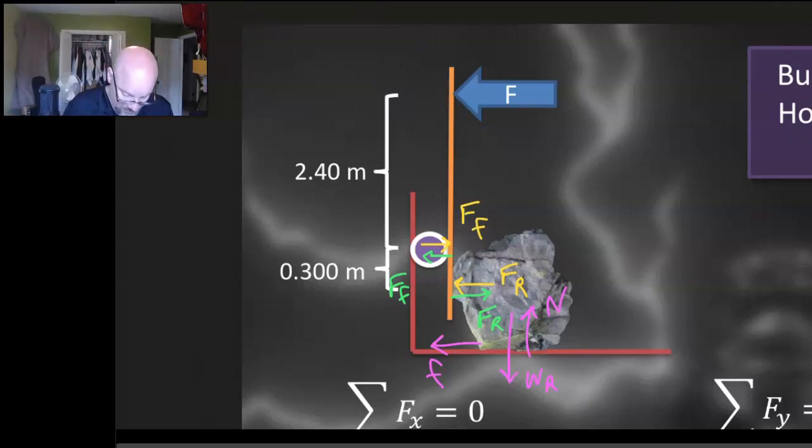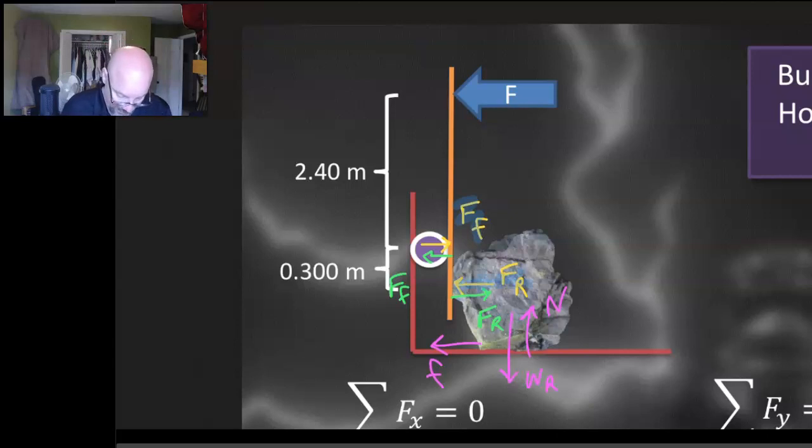Now let's think about the chain of events, so to speak, here. What we want to get is F of the fulcrum. We can't get F of the fulcrum unless we know F, capital F, and unless we know what the rock is doing here as well.